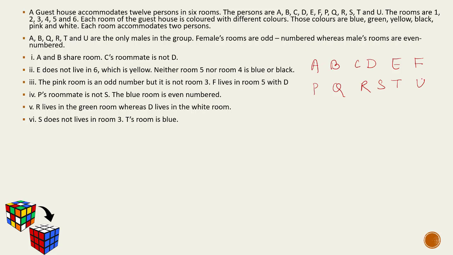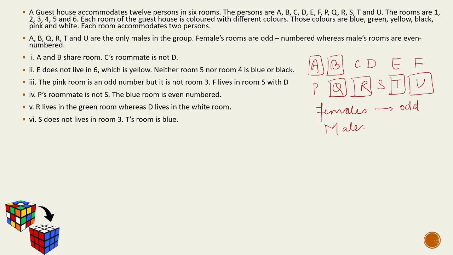So we have been given that A, B, Q, R and T, U are the only males. So that means the rest of the members are females. And another thing that is given to us is that females are occupying the odd numbered rooms, whereas males are occupying the even numbered rooms.